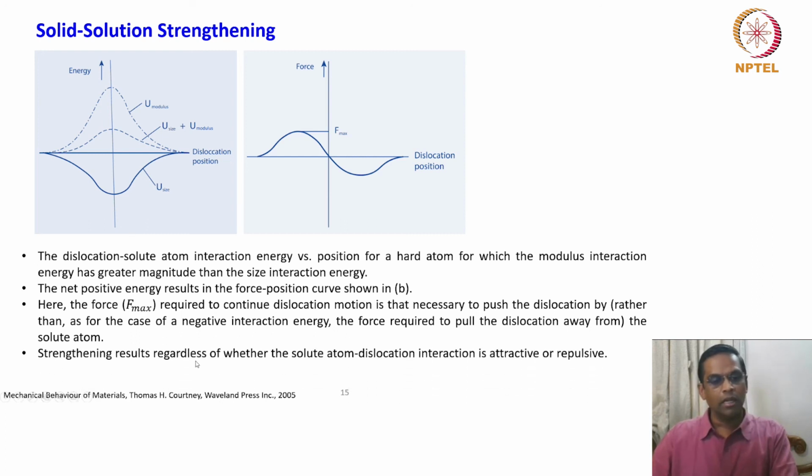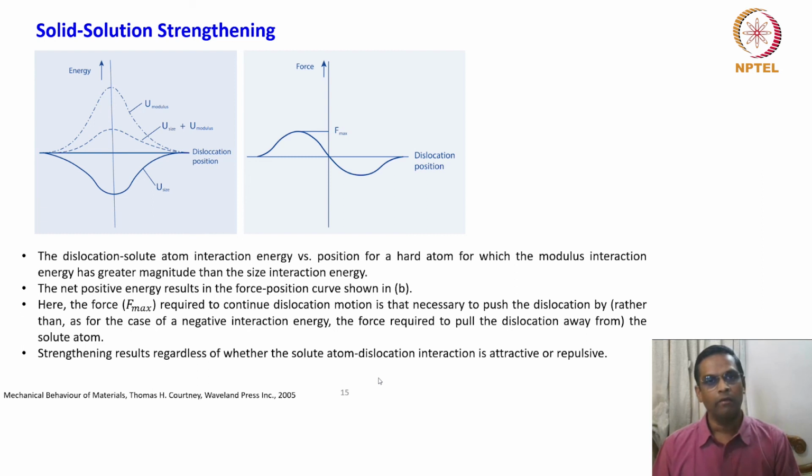Strengthening results regardless of whether the solute atom dislocation interaction is attractive or repulsive. Very, very important point. We are looking very closely at whether it is attractive or repulsive, depending upon the dislocation configuration as well as the type of solute and its size and its modulus.